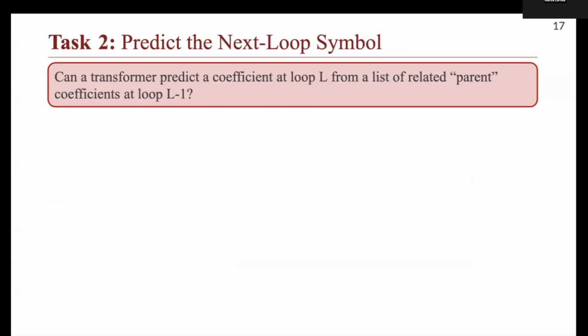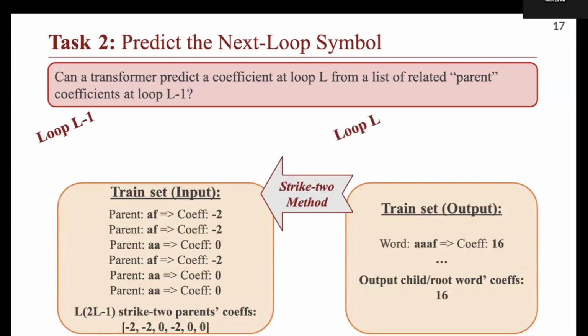The second task asks the question: if we know the coefficients for the lower loop, can we predict the coefficient for the higher loop? For this, we come up with a somewhat more dedicated training. What is shown here is, say you have a word at loop 2, AAAF, and you know that word corresponds to the coefficient 16.